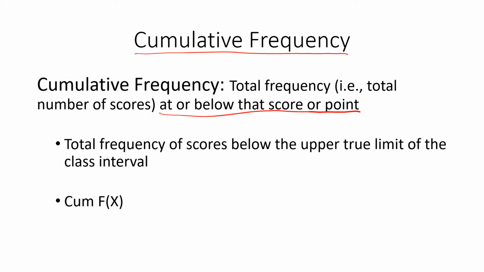You should always start with your lowest x score unless you have a logical reason to start at a different point. So let's say your scores ranged from 1 to 10, you would start at 1. But let's say your test was a 10-point test. So you could get anywhere from 0 to 10, but nobody got 0, 1, or 2. Or nobody got 0 points.